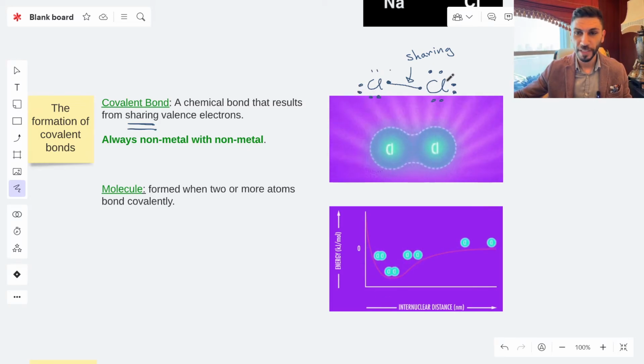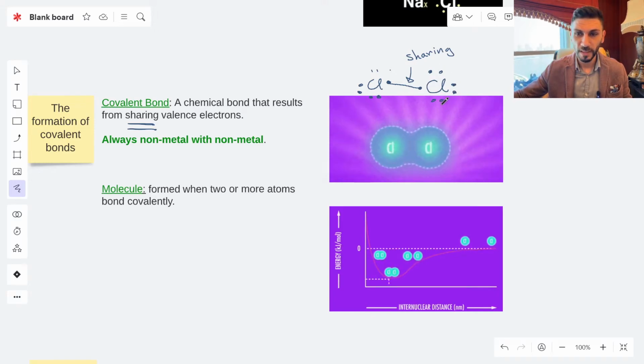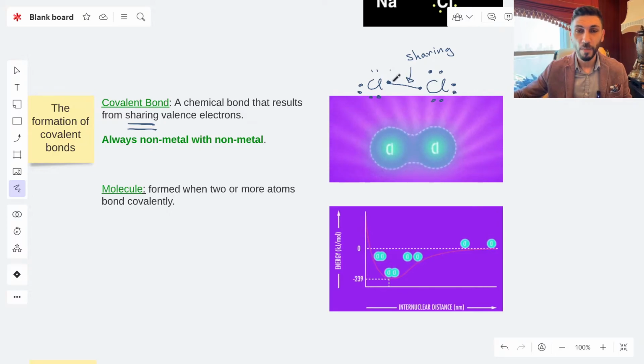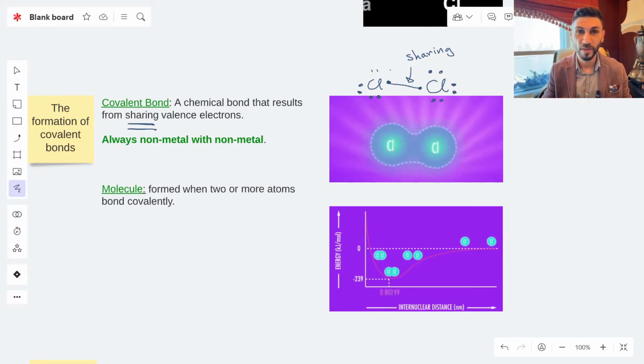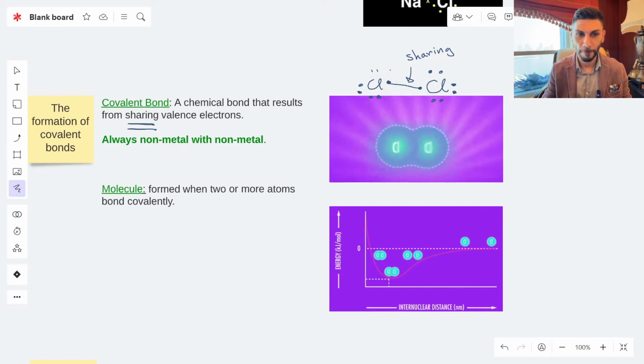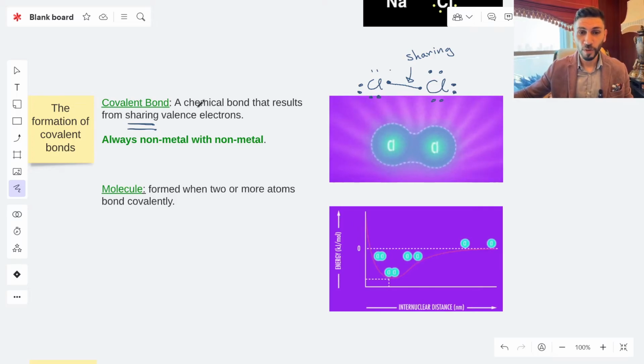Also for this chlorine atom: 2, 4, 6, 7, and 8. Both of them implemented the octet rule, and both have 8 outer shell electrons, or 8 valence electrons. So the covalent bond is a chemical bond that results from sharing the valence electrons between two or more atoms.